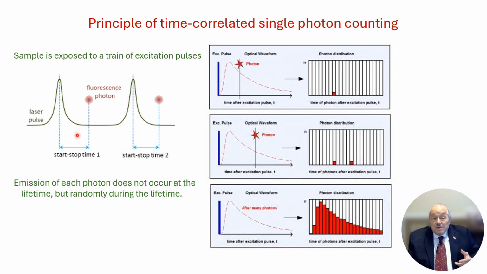You send in the pulse of light and you measure where you see the photon come out. Then you send in another pulse of light, and measure where the photon comes out. Eventually you build up a histogram, which is the number of photons at any given time, and that histogram can be used to analyze and tell you the lifetime.